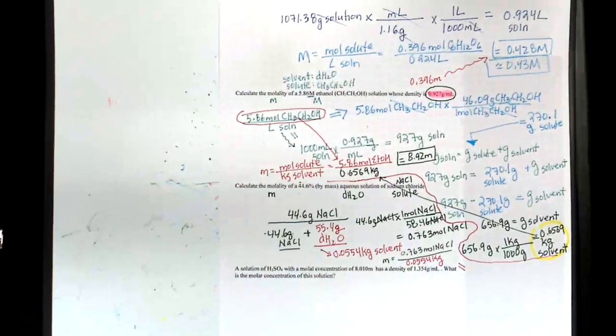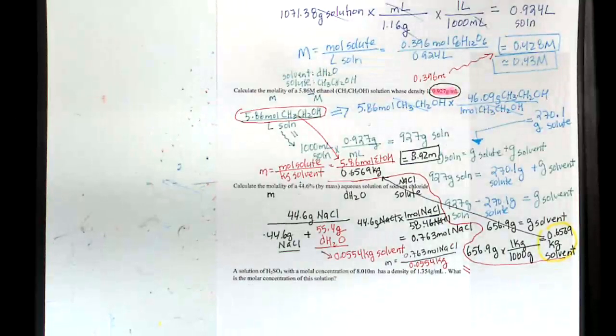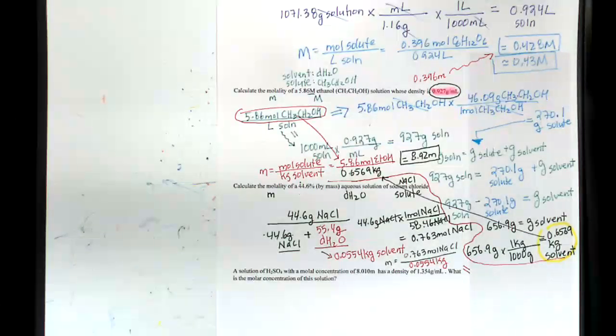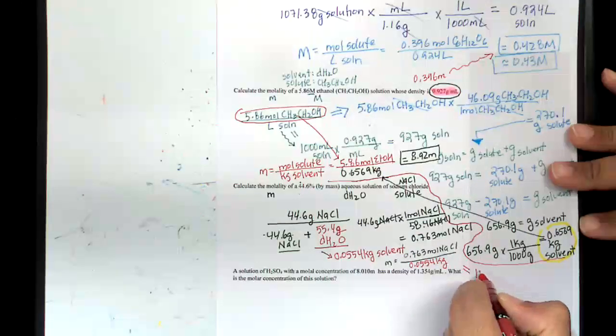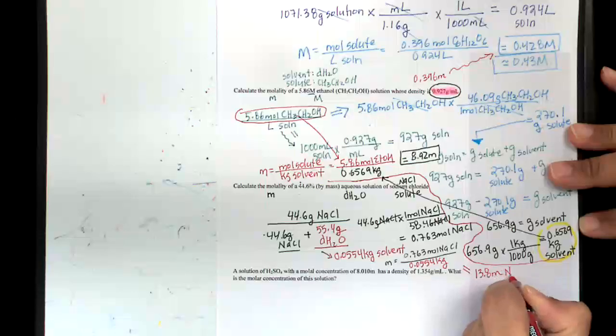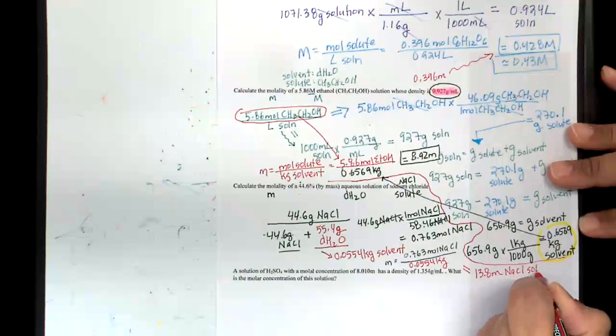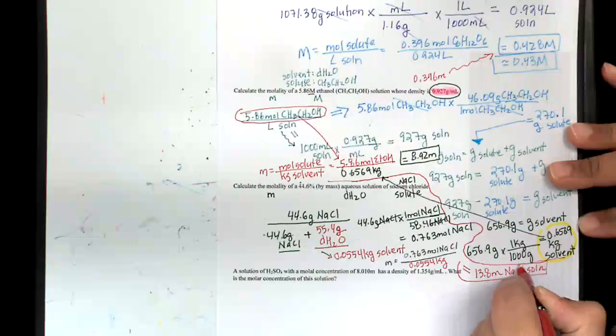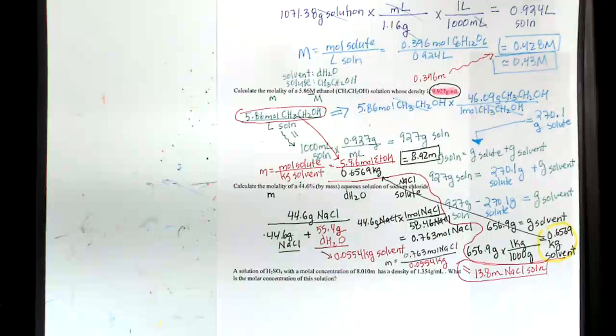What's 0.763 divided by 0.05541? 13.77, so we'll do 13.8 lowercase m of sodium chloride solution. Okay, and this is the answer.